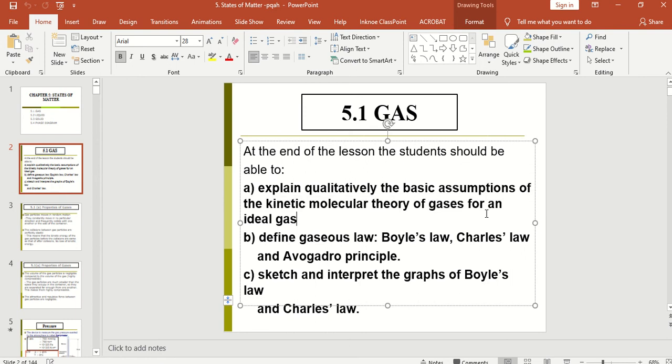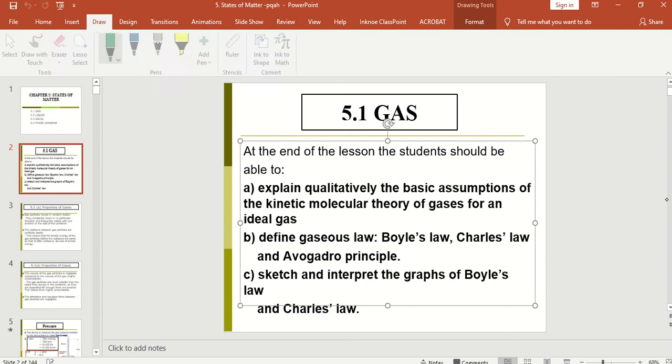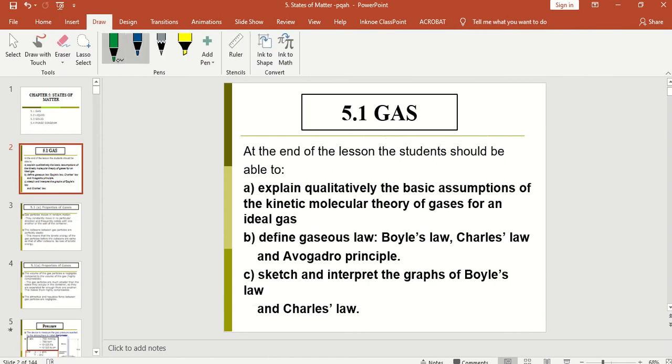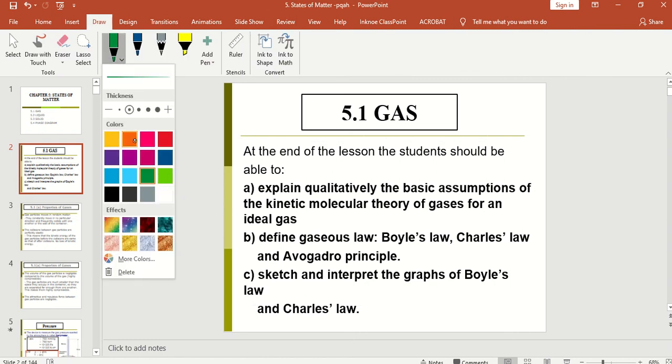Actually we have two types of gas. We have ideal gas, and we also have real gas.